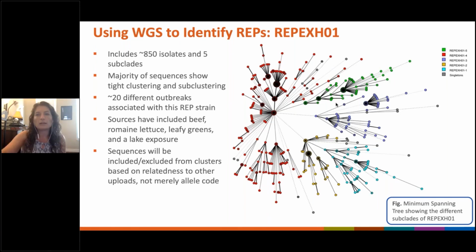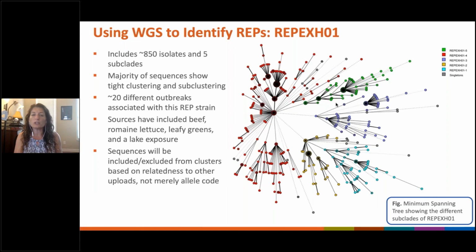And as you would expect, each subclade is a different color. So you have your major one in red, and then you have your other colors identifying the different clades. And this just shows that ultimately they're related, but they do span off. There have been approximately 20 different outbreaks associated with this rep strain, and sources have included beef, romaine lettuce, leafy greens, as well as a lake exposure.